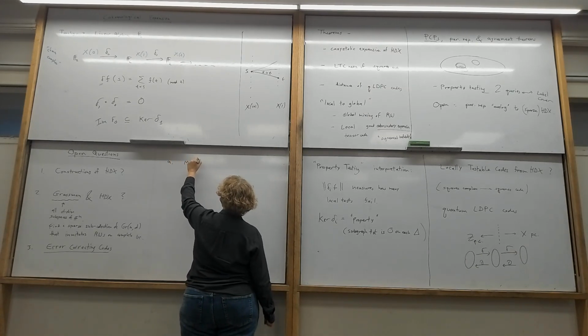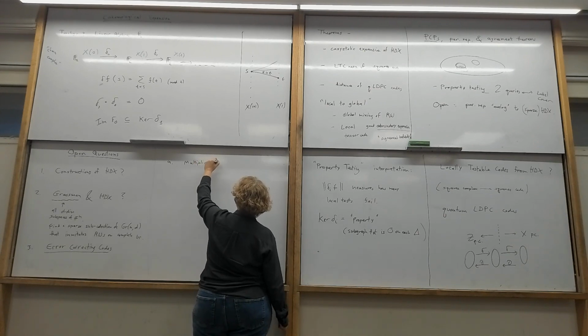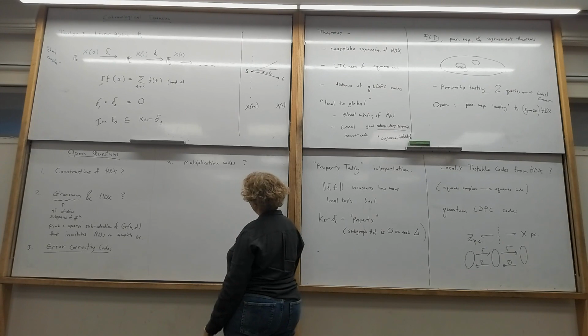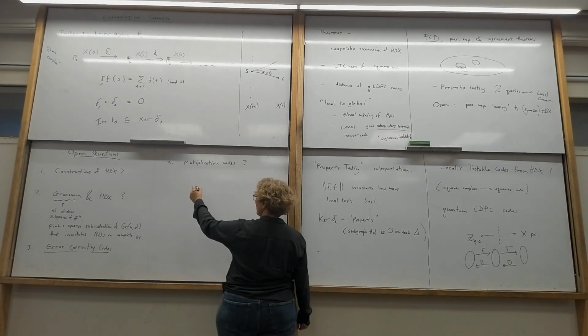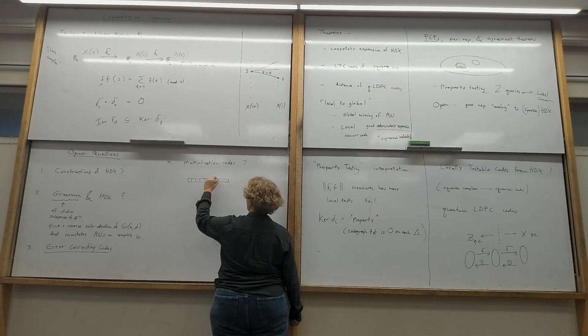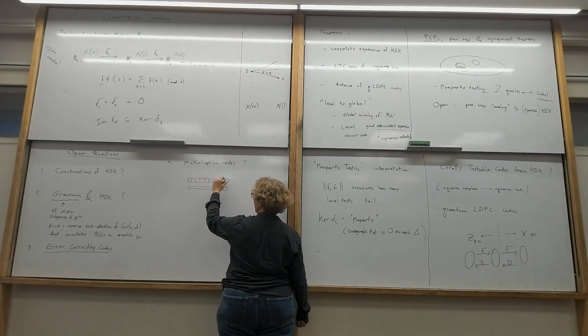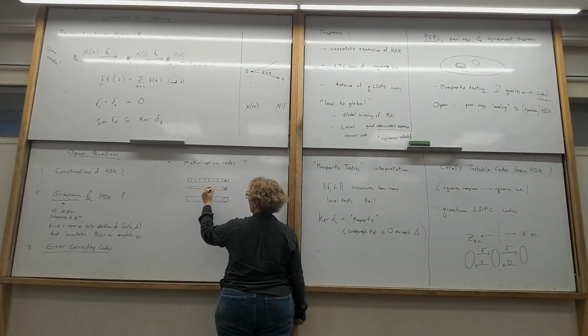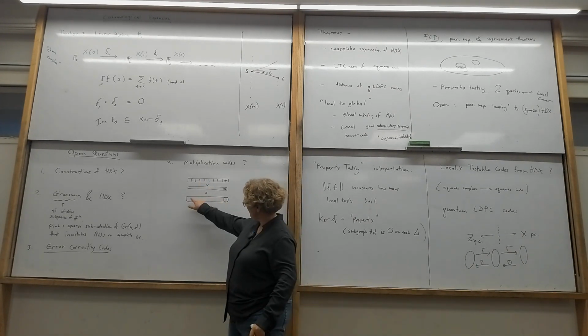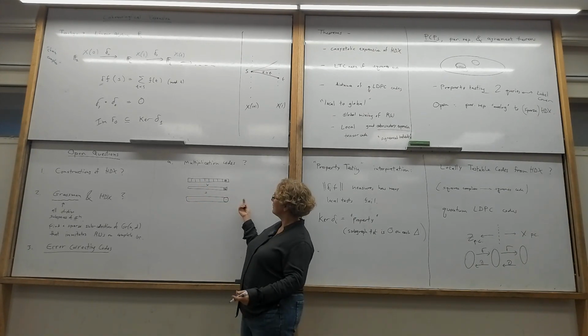multiplication codes. Reed-Solomon codes have this property that if you take two code words and you multiply them entry-wise, so you take this times this and you write it down here, you will get a third string that belongs to some related code.